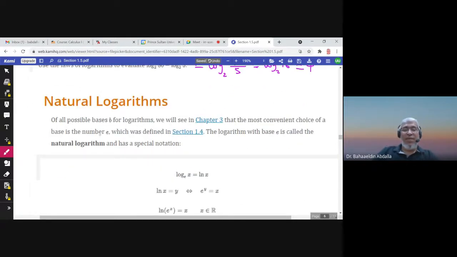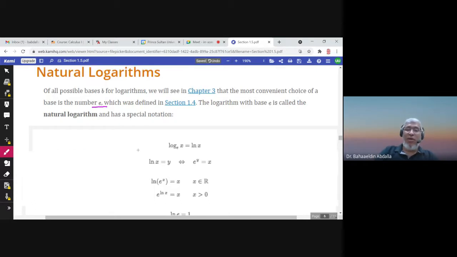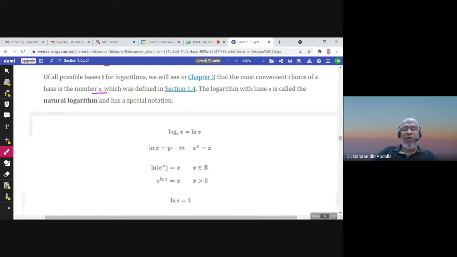If the base in the logarithmic function is e, then we call it the natural logarithm and we give it a special name, ln x. So what is ln x? It is log x to the base e. So if the base is e, we just write ln x.